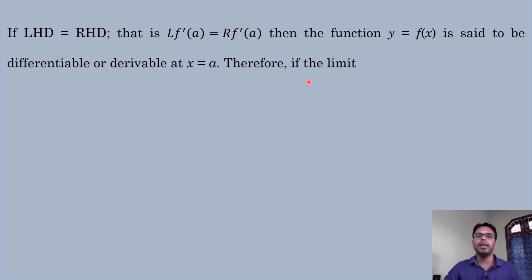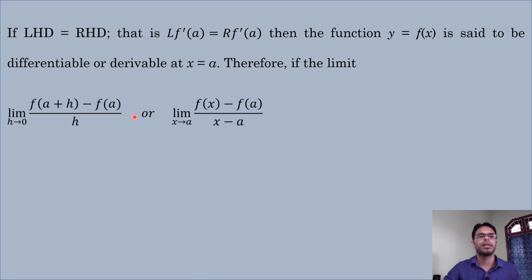So therefore, what are the limits? This limit, h tends to 0, (f(a plus h) minus f(a))/h, this or this one. If this limit exists finitely, when does a limit exist finitely? When the left hand limit and the right hand limit are equal.